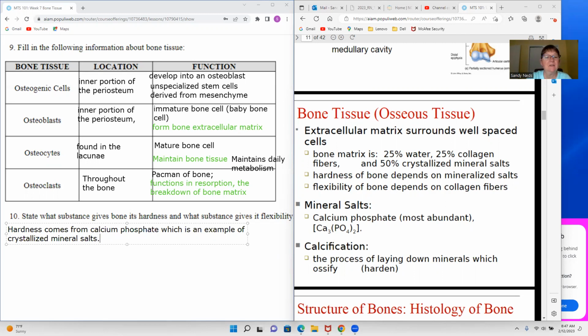What substance gives it its flexibility? Collagen gives bone its flexibility.